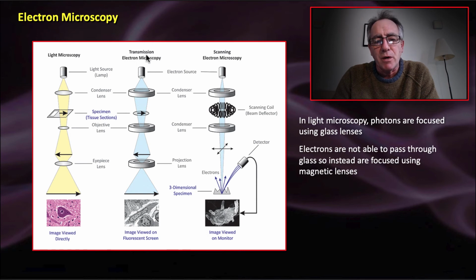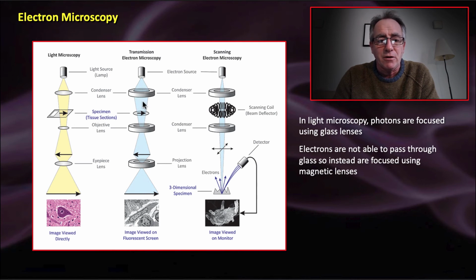In electron microscopy, we're using electrons, which have a much, much shorter wavelength than photons, and that means that they can resolve things with much higher power and produce much higher magnifications. Electrons, though, won't go through glass. They just don't have the energy to do it. So this is a big column that the electrons fire through here to go through the specimen, and the column is completely evacuated, by the way.